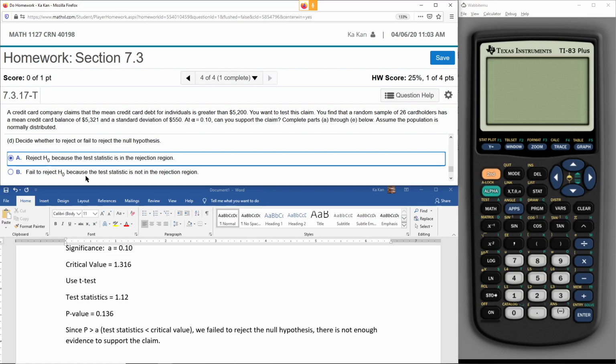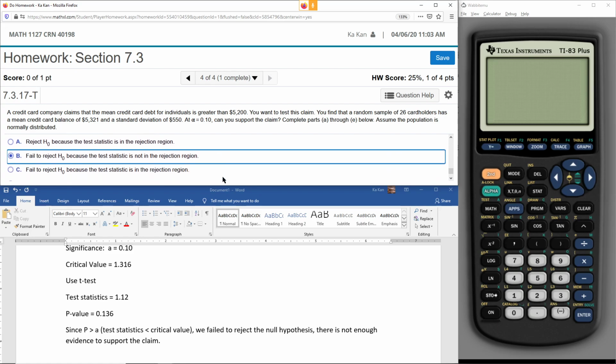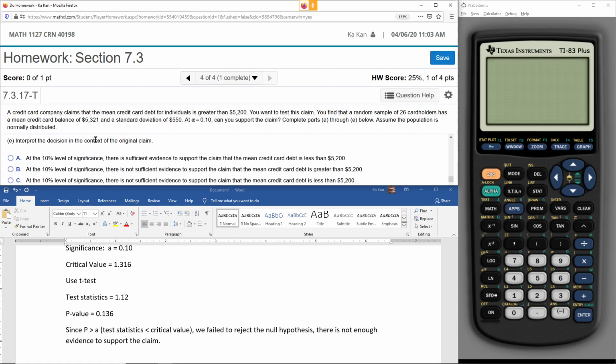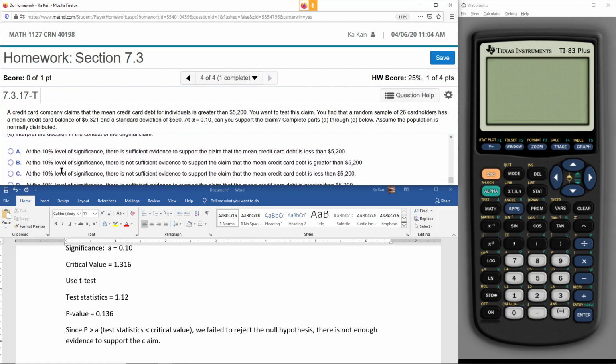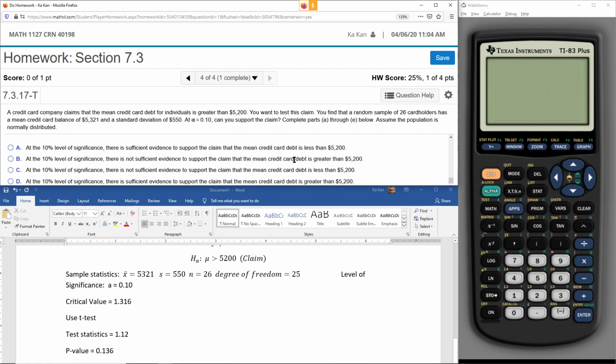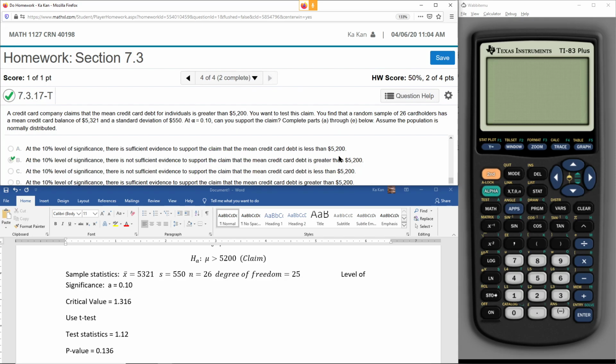You fail to reject the null hypothesis because the test statistic is not in the rejection zone. Interpret: at 10% level of significance, there is not sufficient evidence to support the claim that the mean. So what is the claim? It's greater than 5,200. Just like that.